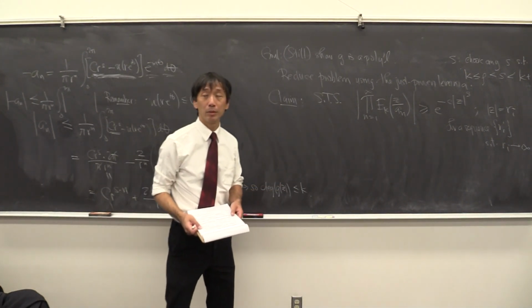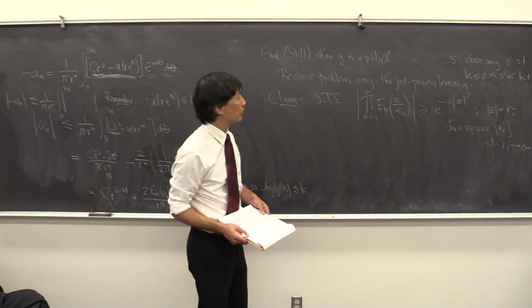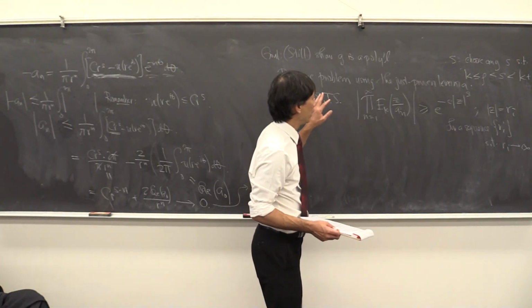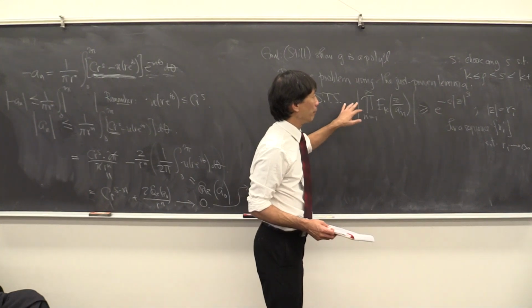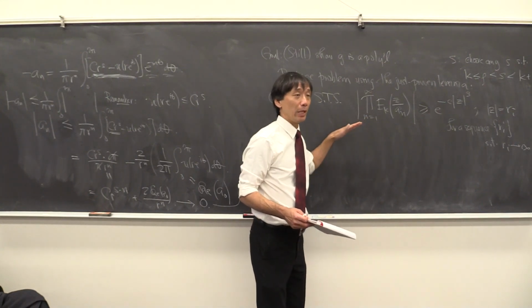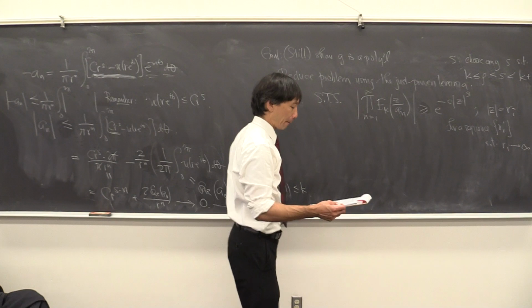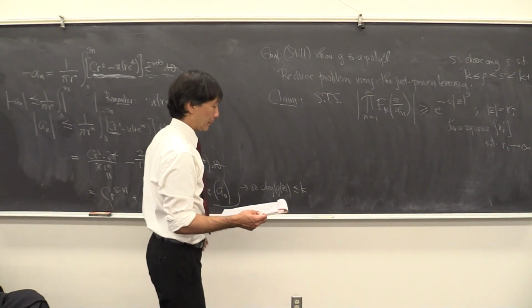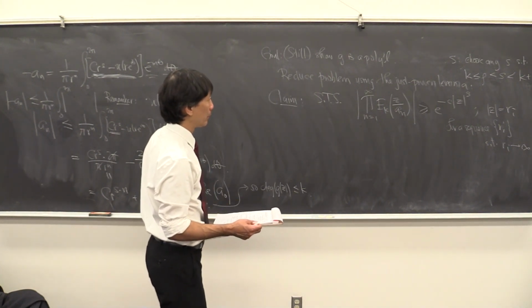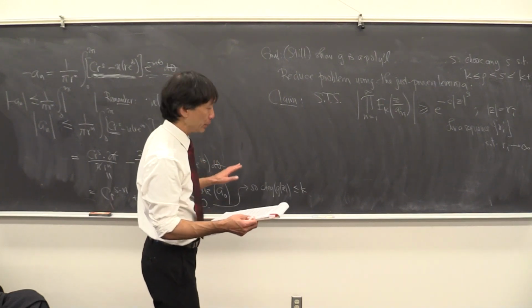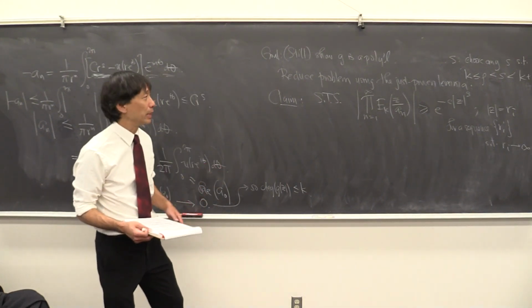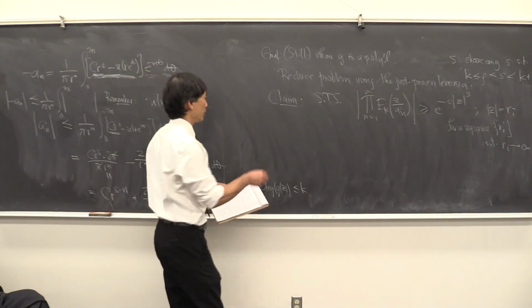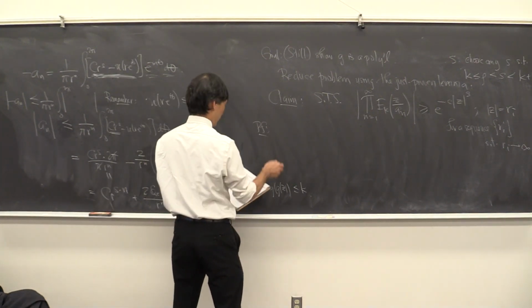It suffices to show that we can get this sort of bound for a sequence of increasing radii. I'm going to say that that'll do it for us. That'll give us that g is a polynomial.